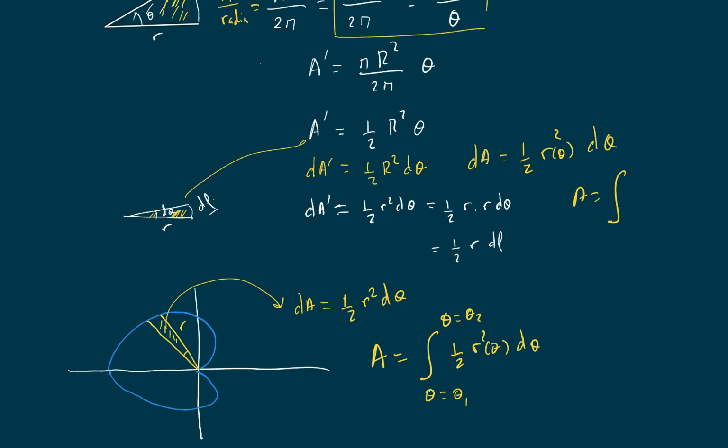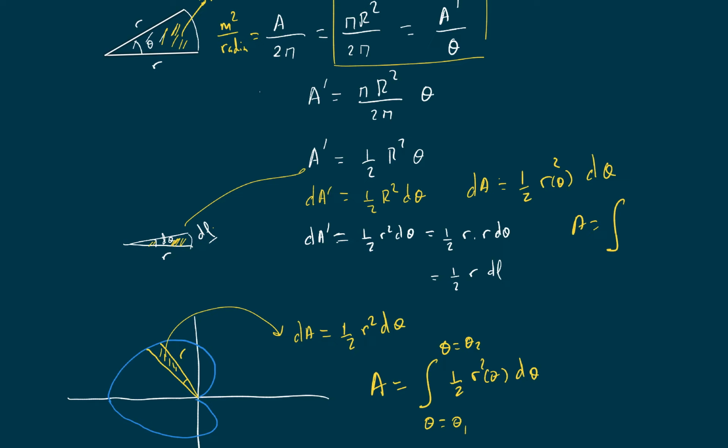So let's do problems, but before doing problems, we need to develop another equation for the arc length. This is the area of a sector. The area of this sector is 1/2 r squared d theta, and d theta is this small angle. The total area is the sum of all the pieces.